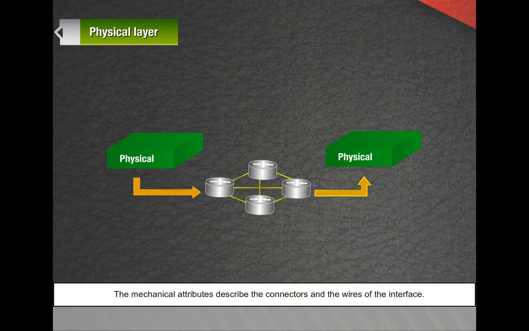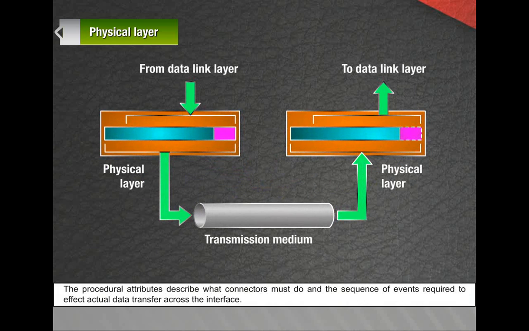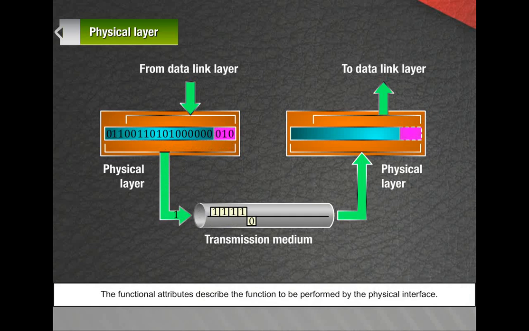The mechanical attributes describe the connectors and the wires of the interface. The procedural attributes describe what connectors must do and the sequence of events required to effect actual data transfer across the interface. The functional attributes describe the function to be performed by the physical interface.